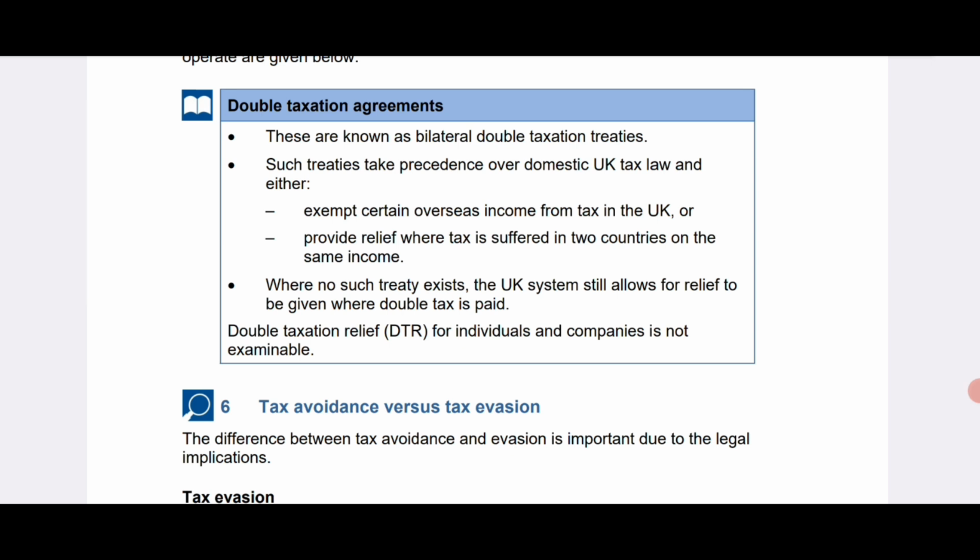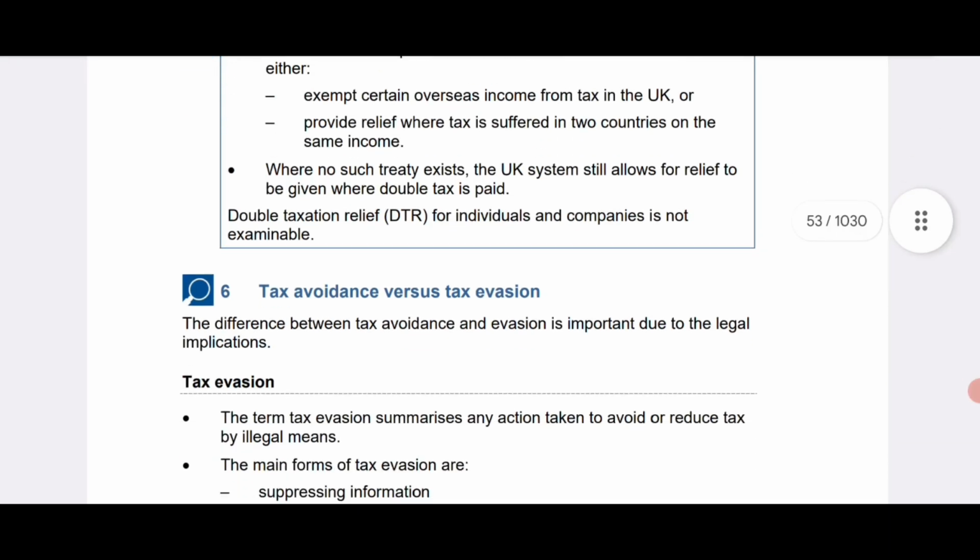Or some companies come to free zone areas, so they have to pay taxes in that free zone, and some taxation when they reimburse their funds back home or to their other country. If they have a double taxation treaty signed, they can avoid this type of taxation.